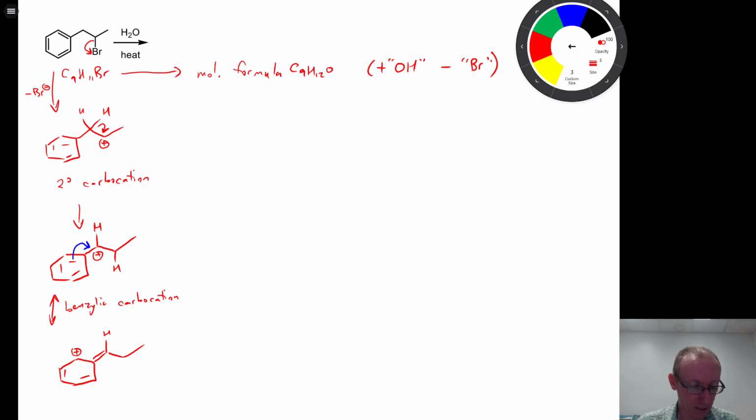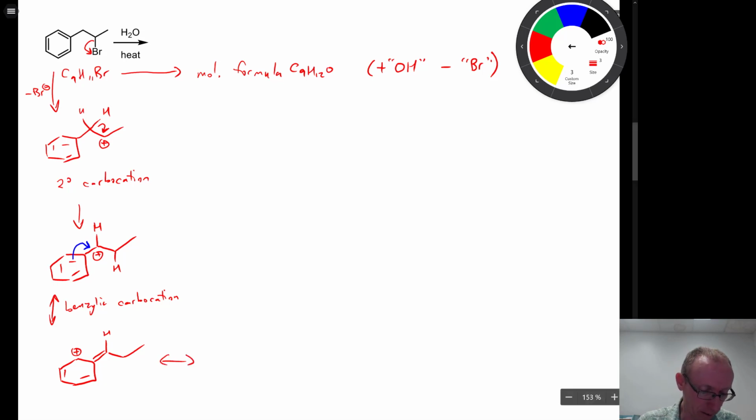So we've drawn one resonance form, but we can draw others. So I'll stop using colors now. We can draw that bond there moving, and we end up with that one being there, this one being here. The positive charge is out on that part of the ring. We end up with that. And one more, we can draw a resonance form where this pair of pi electrons can move.